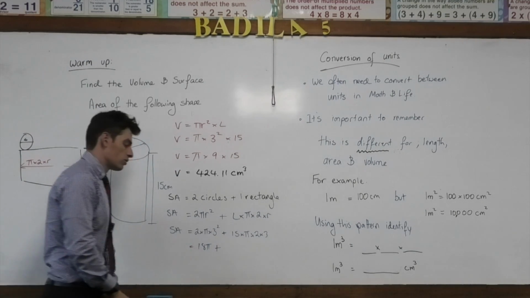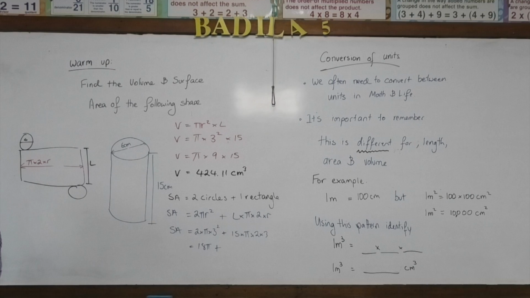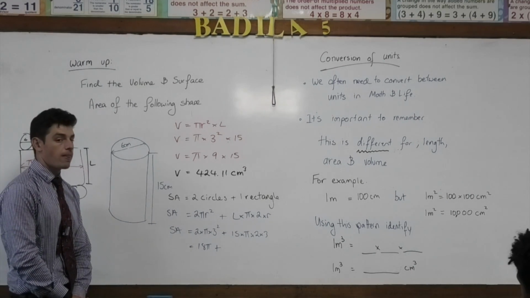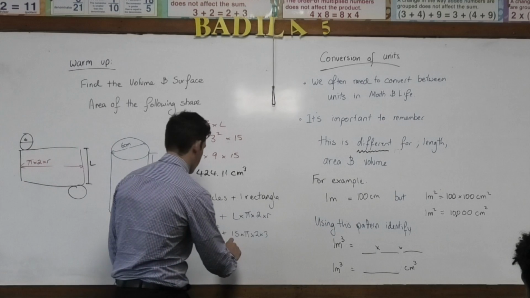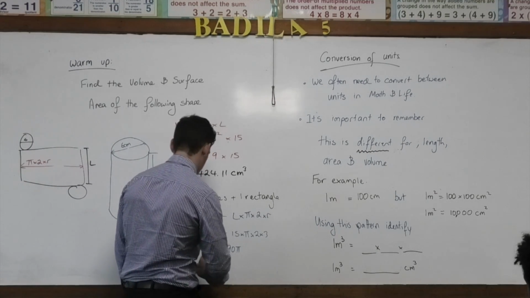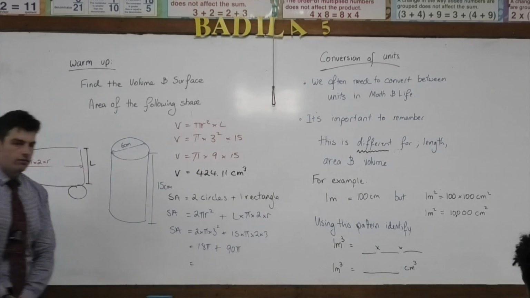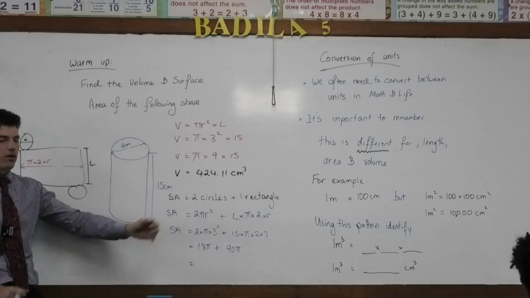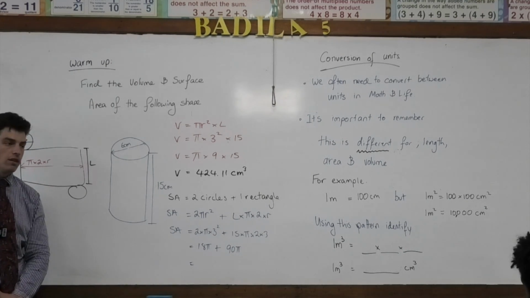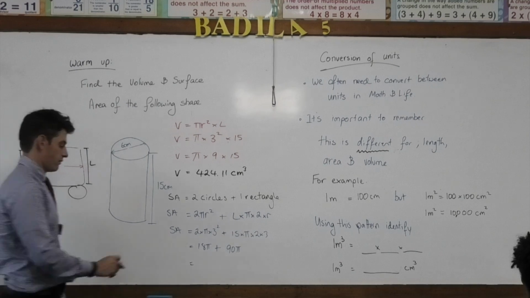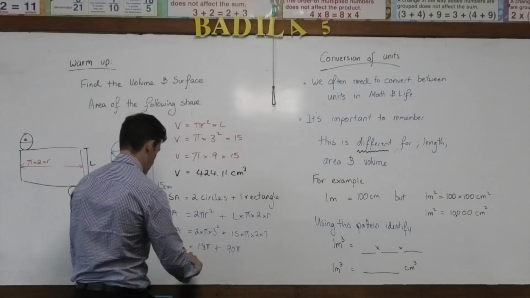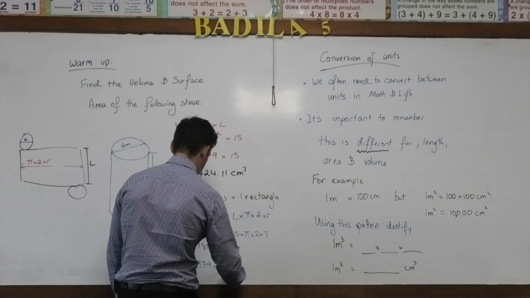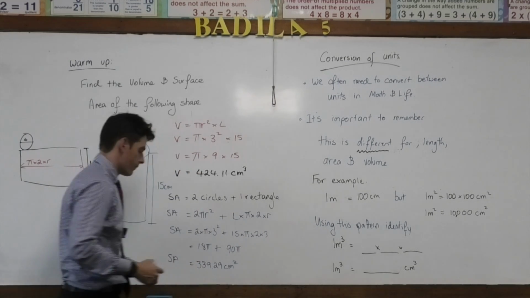Plus, what's 2 times 3? 6. So 2 times 15 times 3 gives 90 pi. So we've got 18 pi plus 90 pi, which equals 108 pi, or we can just shove that into our calculator straight up. And what do we get for that? 339.29 centimetres squared.